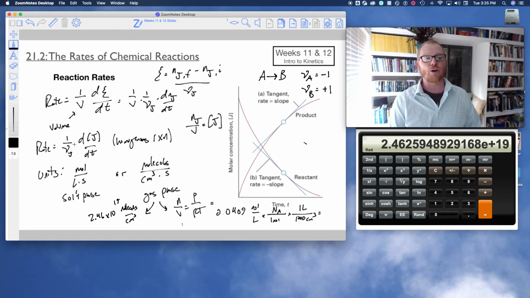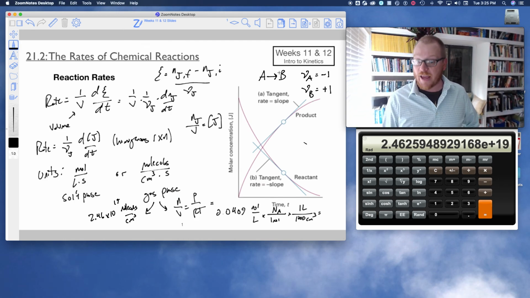So in terms of the rate of these two things, A has a negative rate, and the negative slope at any one of these points equals the rate because A is disappearing.